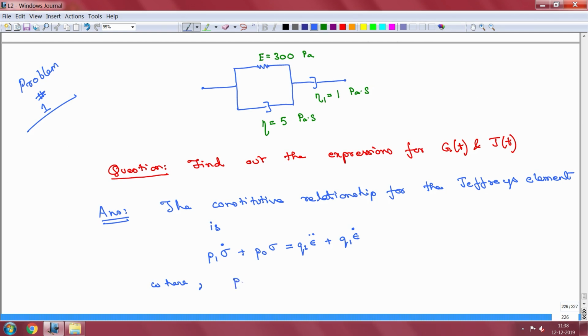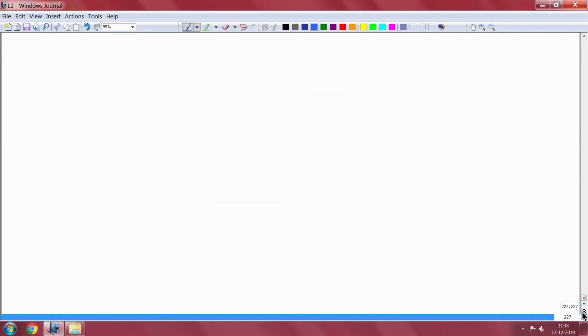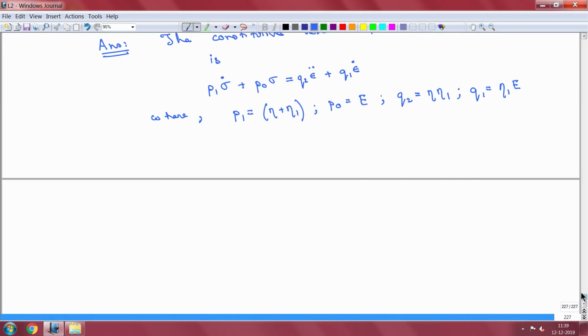P1 is equal to eta plus eta 1, P naught is equal to E, Q2 is equal to eta into eta 1, and Q1 is eta 1 times E. Okay, so these 4 coefficients are well known. Now we have to solve this particular differential equation.